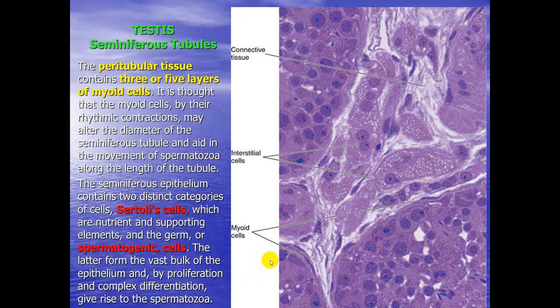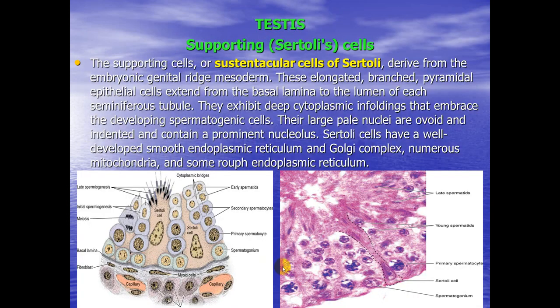Seminiferous epithelium is the place of production of the new sperm cells, and spermatogenesis takes place in the seminiferous epithelium of the seminiferous tubules, or spermatogenic epithelium, or seminiferous epithelium. These words are synonyms.